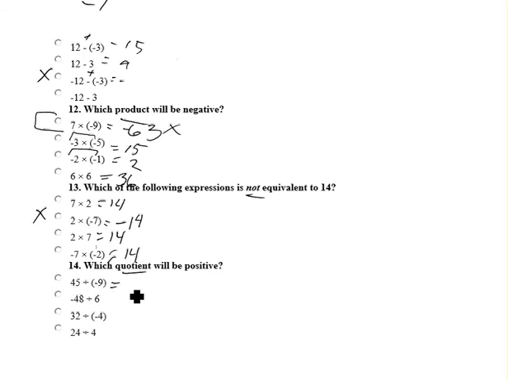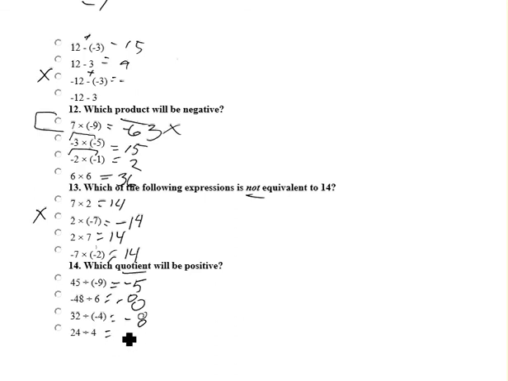Signs are different, it's going to be negative, and it's going to be negative 5. 48 is negative divided by positive 6. Signs are different, it's going to be negative. 32 divided by a negative 4. The signs are different, it's going to be negative. 24 divided by 4. Signs are positive, it's going to be positive.